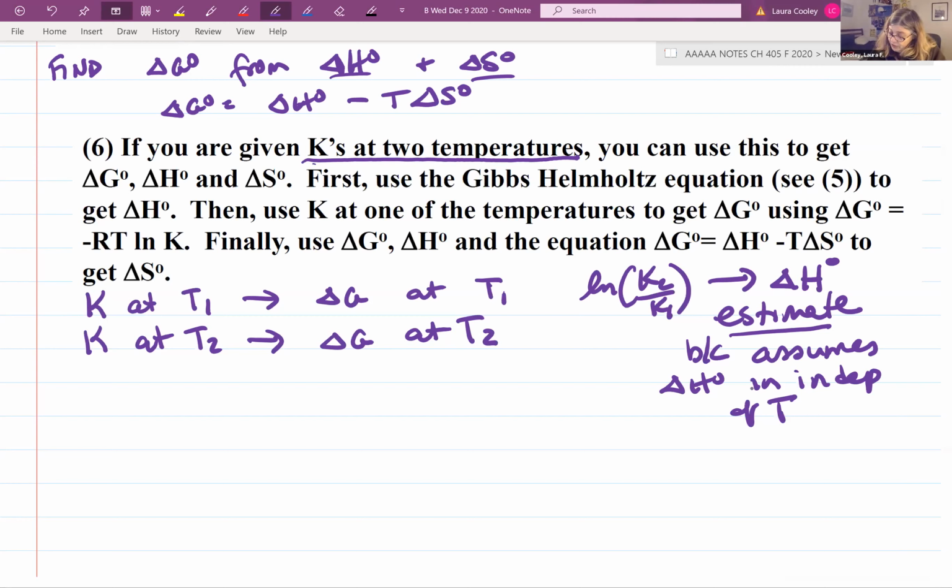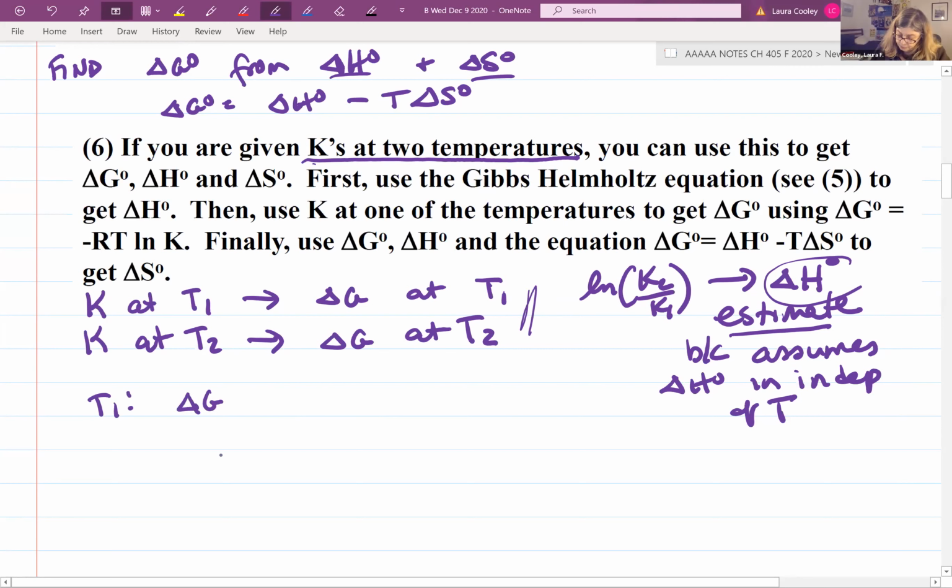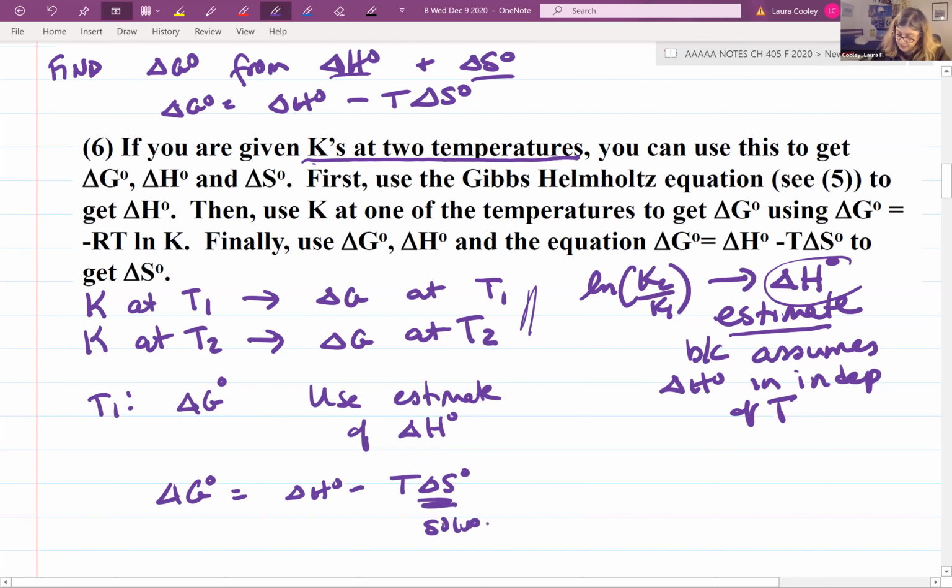So that would give you what I call an estimate of the delta H, some kind of average delta H between these two temperatures. And then you could pick one of these temperatures, let's say T1, you know the delta G, and you can use the estimate of the delta H, and then you could solve for delta S using delta G is delta H minus T delta S.